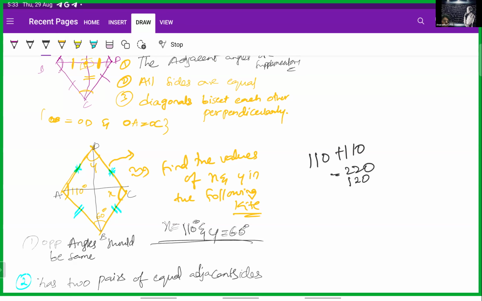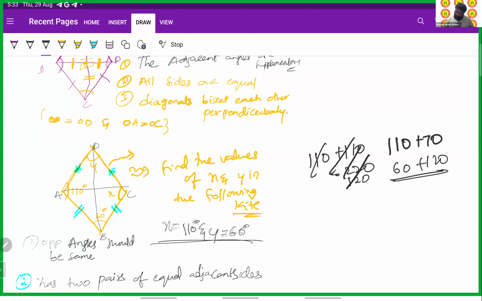Then the answer will be 360 degrees only. If that's the case, this is 110, this is 110, which means this is 70, and 60, 120. Then it will be 360. Sir, let me check.